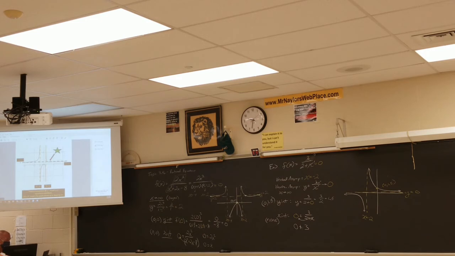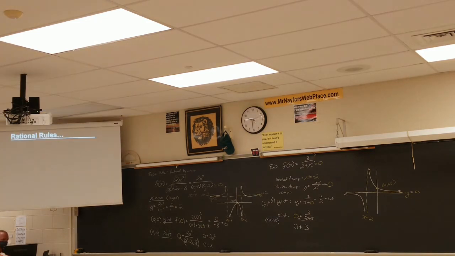Let's summarize this a bit. Maybe you want to call it rational rules, but let's summarize how we find all this stuff, starting with the vertical asymptote. It is the main idea. It will always be the main idea because you get a 0 in the denominator. x equals a is going to be a vertical asymptote if you get a 0 in the denominator.